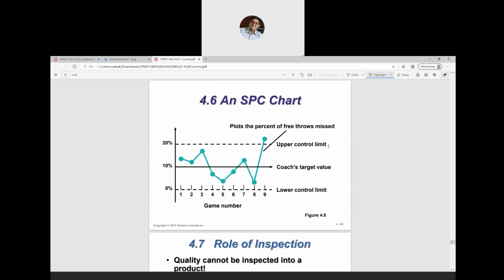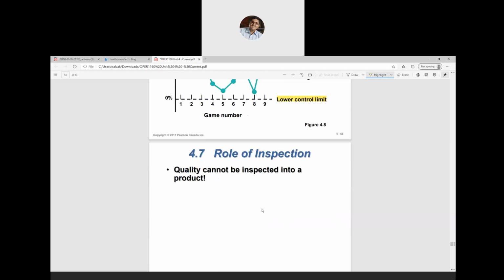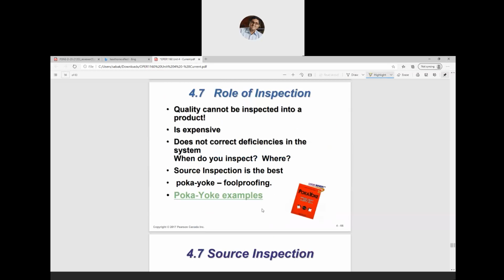Another example is SPC, or statistical process control, which we are not studying here. In an SPC analysis, you will have two limits, a lower control limit and an upper control limit, and you will check if your data points are lying within these two boundaries. If the numbers are not falling within these two, that means there is something wrong with the process.